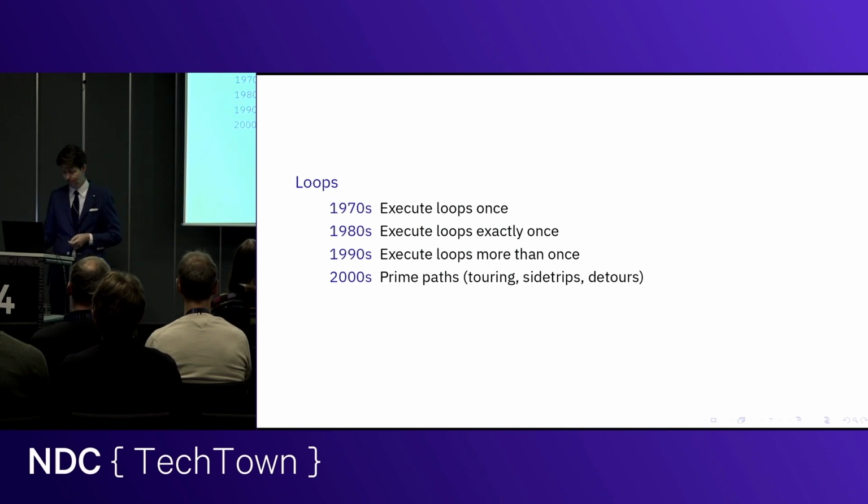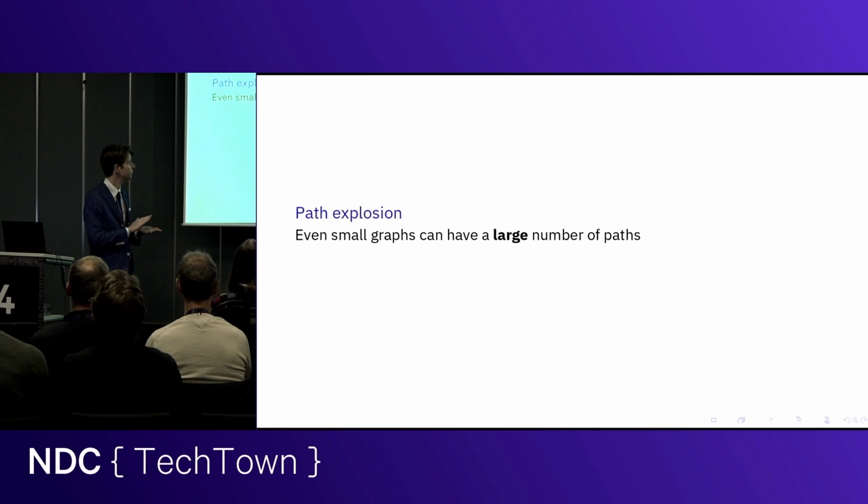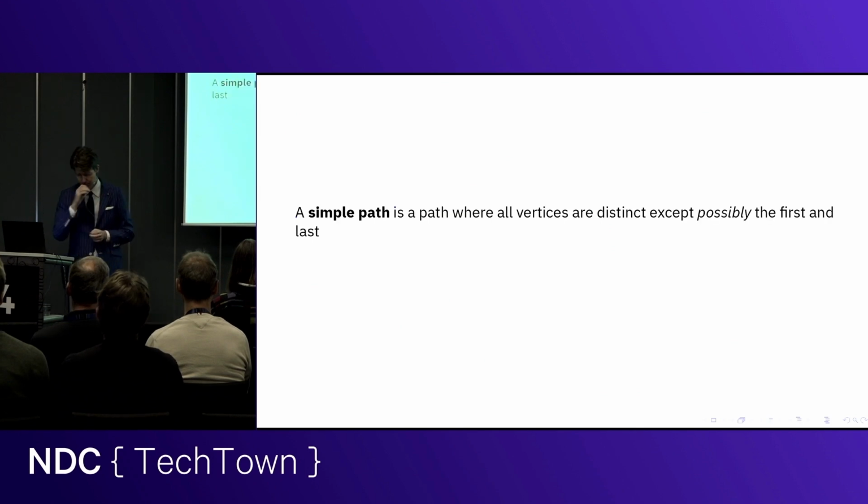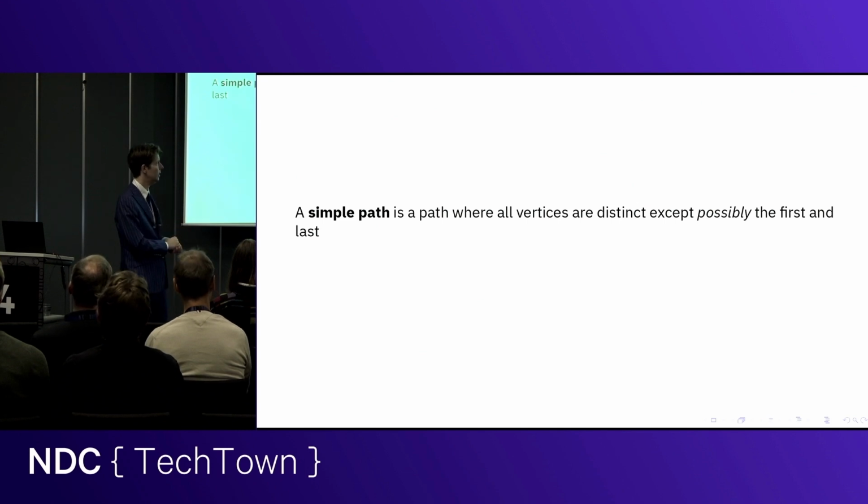The other problem is the path explosion. Problem is that even very small graphs can have a very, very large number of paths. So we want to tune our definition a bit to overcome these practical limitations. One is we want to introduce a simple path, which is a path where all of the nodes are distinct except for possibly the first and the last.